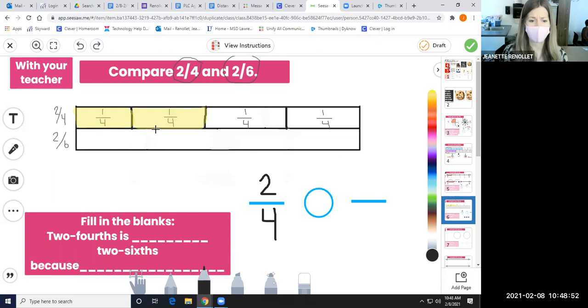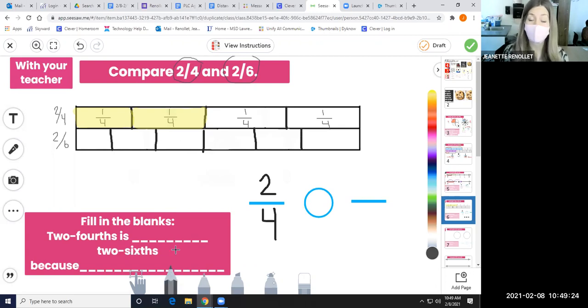I'm going to start by partitioning it into 3 equal parts. Then I'm going to take each third and cut it in half, cut it into 2 parts. Now we have 6 equal areas or 6 equal parts.